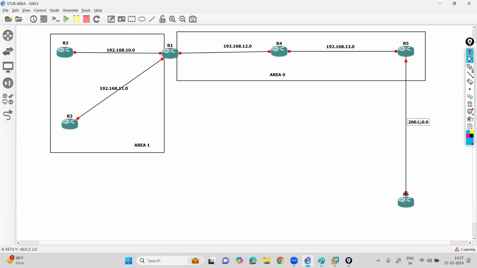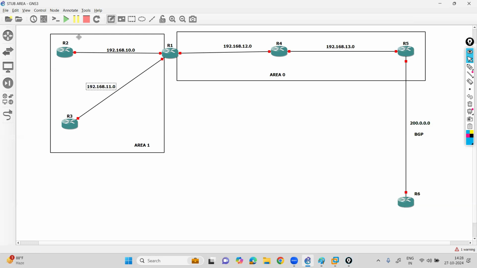Why am I taking 200.0.0.0 here? Because on these two, R5 and R6, we are going to configure the BGP protocol to communicate with the external network. So here we are going to configure the BGP protocol. Inside this is OSPF, area 1 and area 0, whatever that is. Clear?